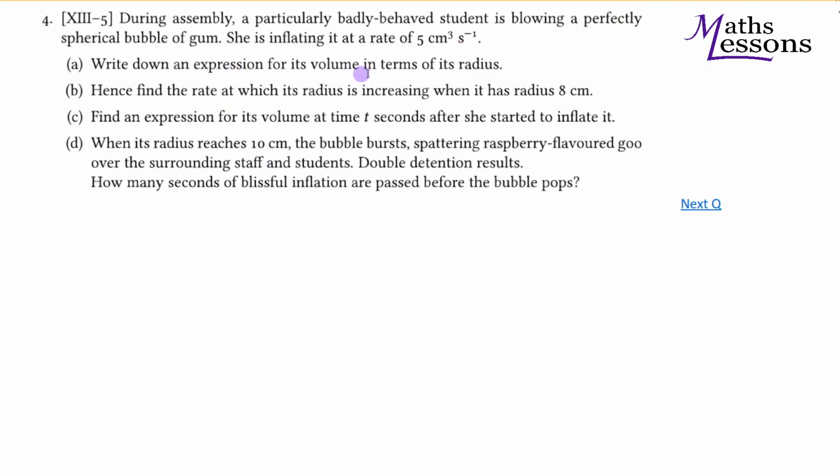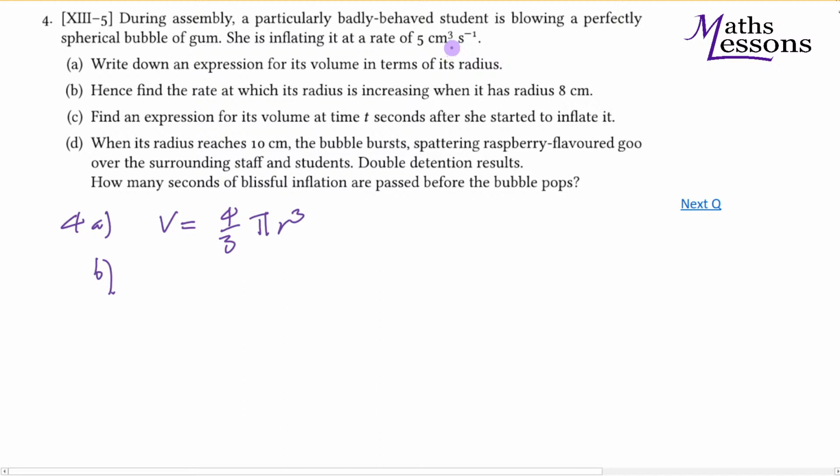Write down an expression for its volume in terms of its radius. So the volume is going to equal 4/3 pi r cubed if it's a perfect sphere. Hence, find the rate at which its radius is increasing when it has a radius of 8.